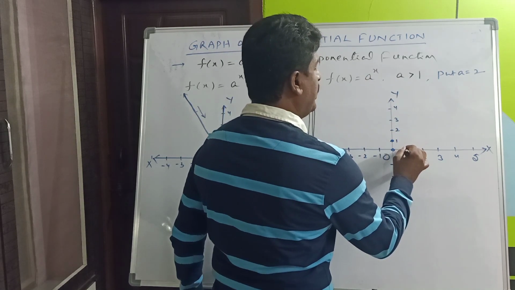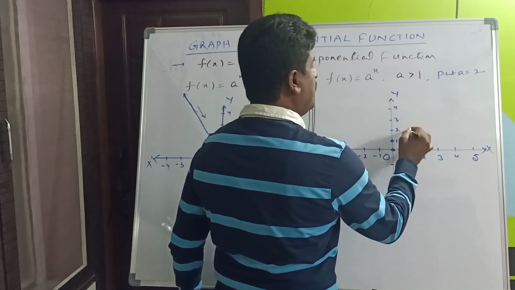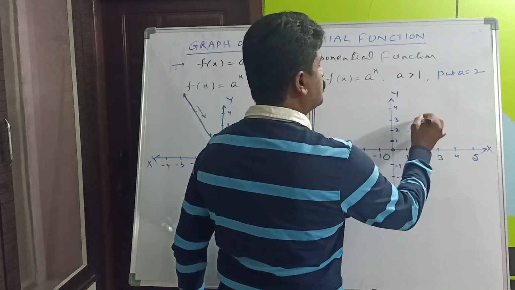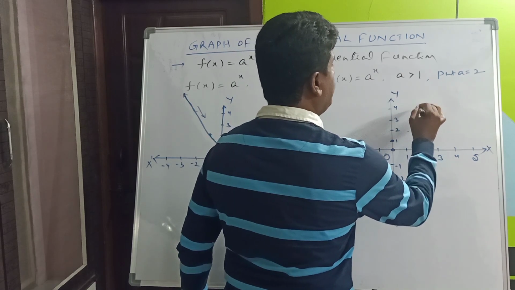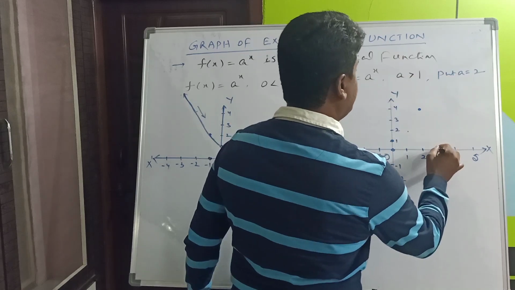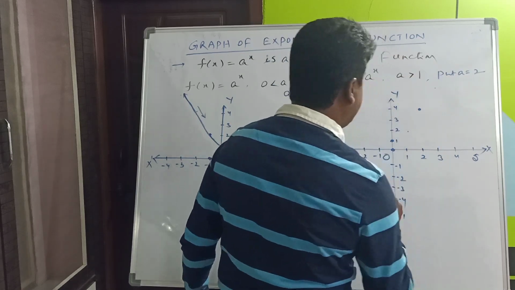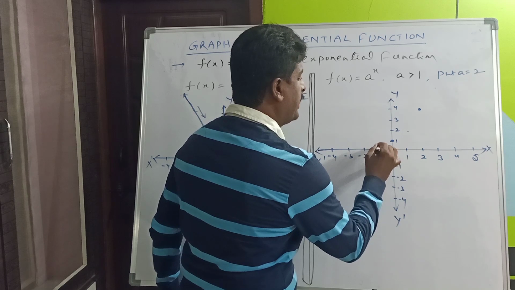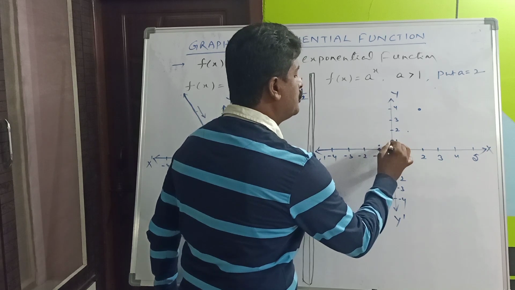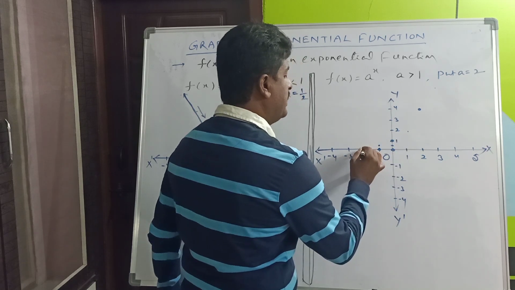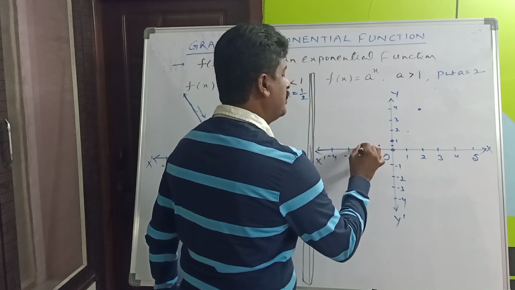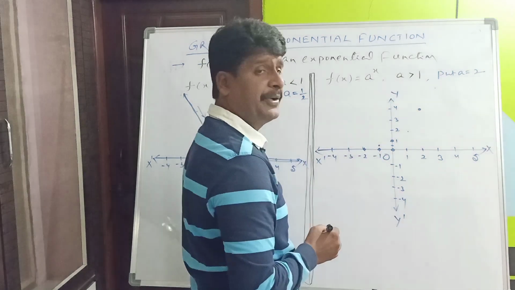For x = 1, 2^1 is 2. For x = 2, the corresponding f(x) value, 2 squared, is 4. For x = 3, somewhere here, 8. For x = -1, it is 1/2, somewhere here. For x = -2, 2^-2 means 1/4.